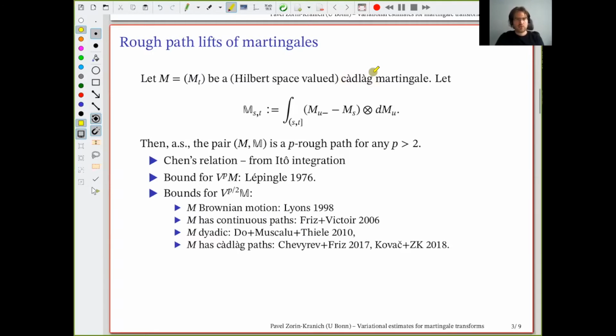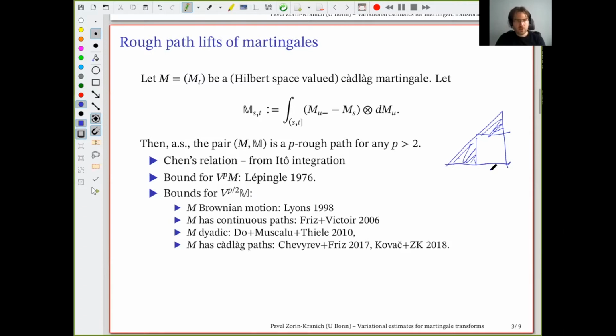There are several parts in this claim. There is Chen's relation, which is just the fact that these integrals add up like this. So if you have here two integrals, then to make an integral over the union of the intervals, you just have to add this small square.